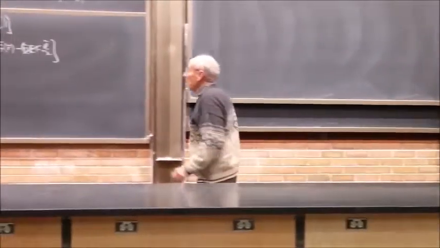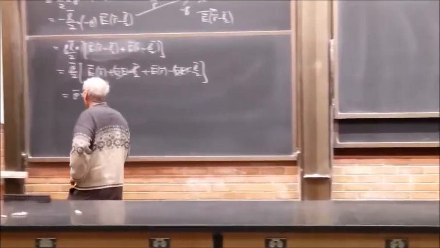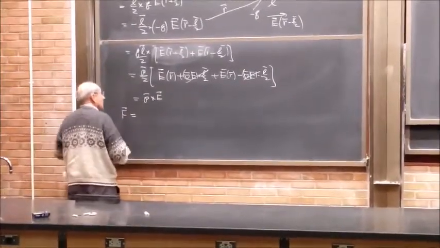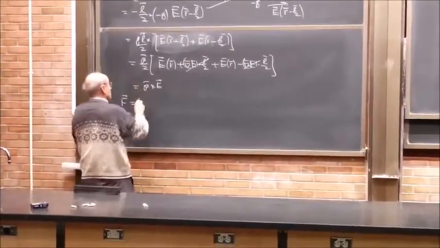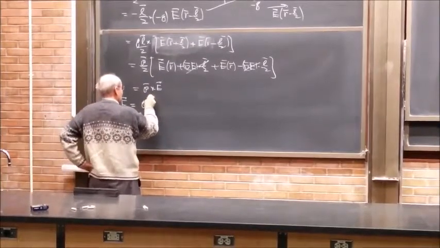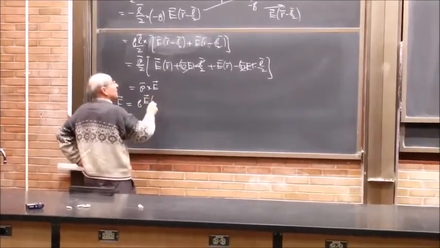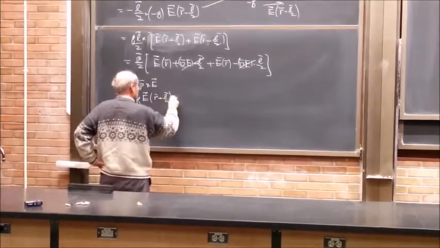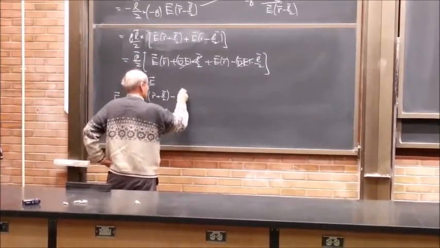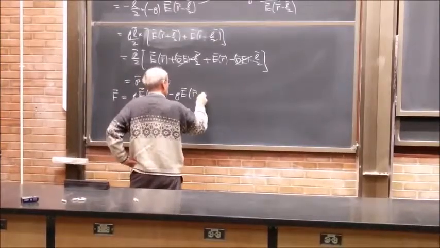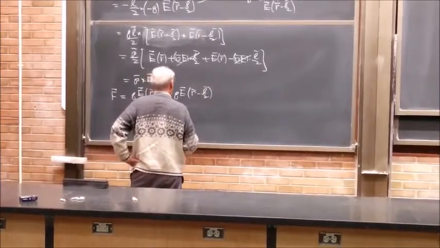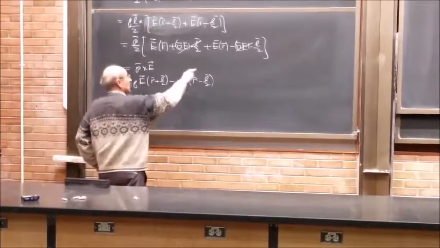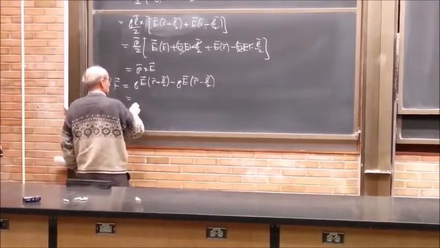But when we wanted to find the force, then it was QE evaluated at R plus L over 2 minus QE evaluated at R minus L over 2. And this time, it's the E's that cancel out instead of the gradient terms.